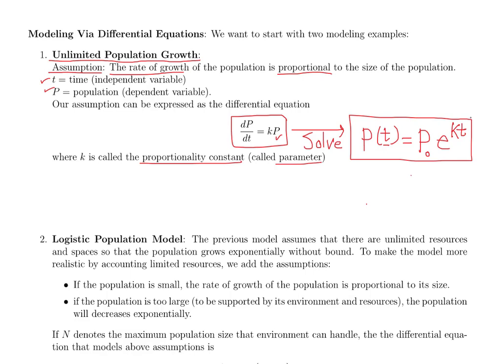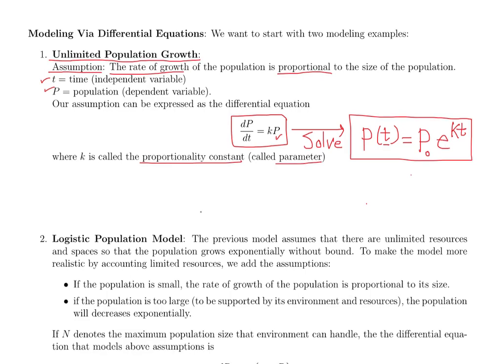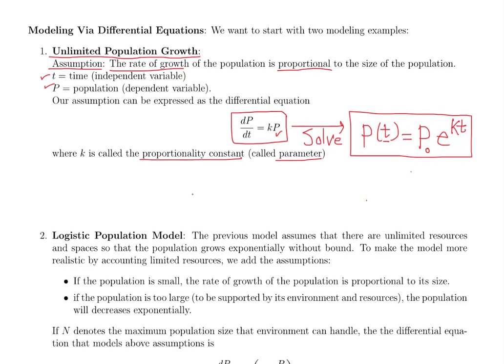This is the population at time t, and you can see that this function grows exponentially. So this model is not realistic because there are limited resources and space, and according to this model these limited resources are ignored.